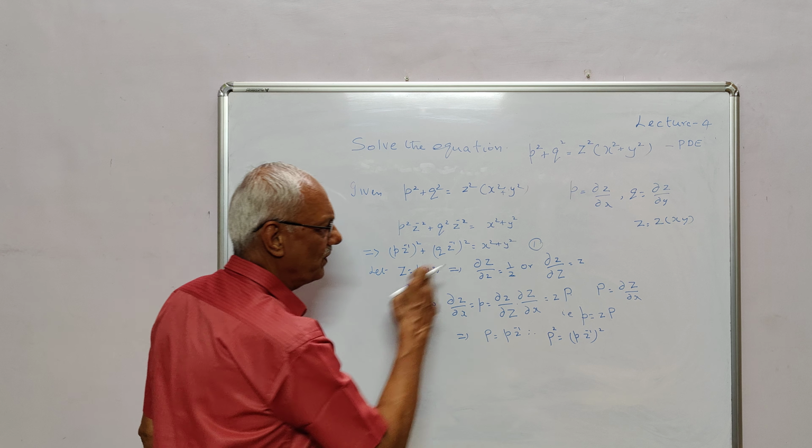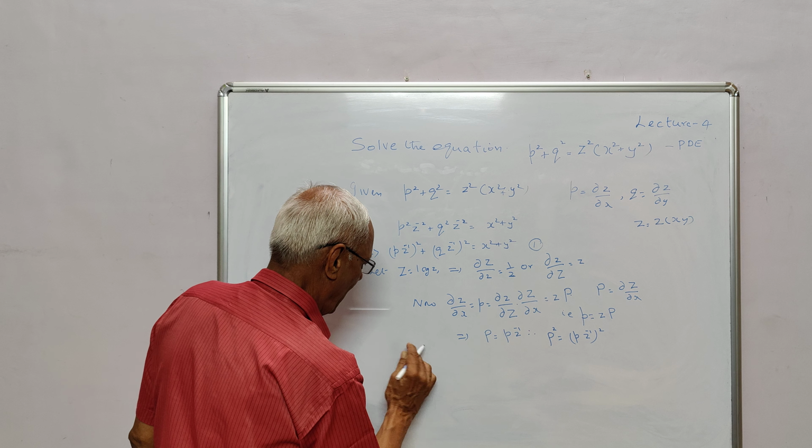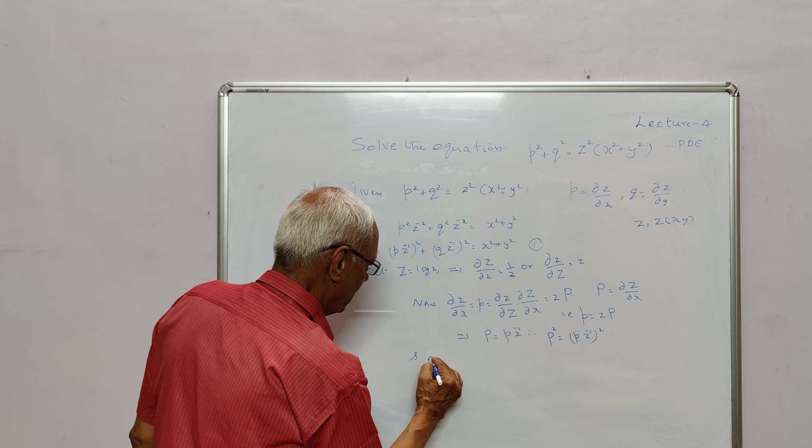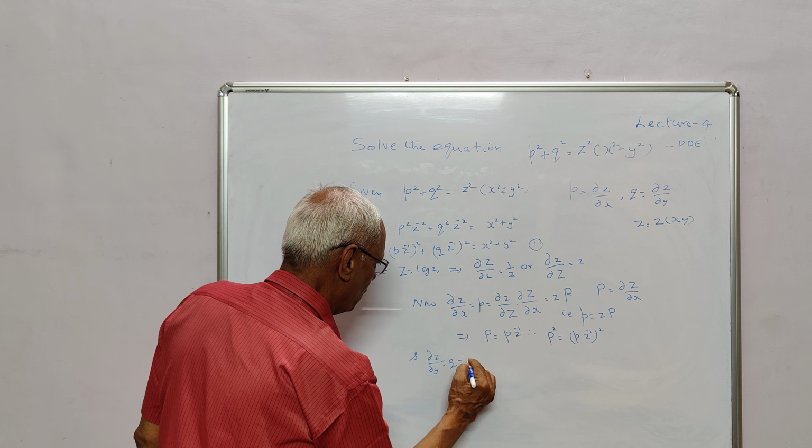In a similar fashion, I will write dou z by dou y, which is equal to q.